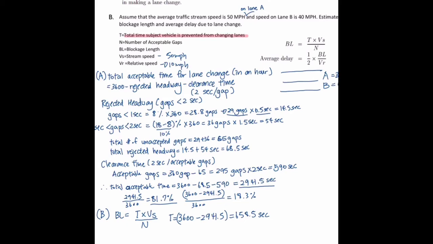Or you can calculate it as rejected headway plus clearance time. Rejected headway here is 68.5, and clearance time is 590. It's the same thing, 68.5 plus 590 equals 658.5 seconds.